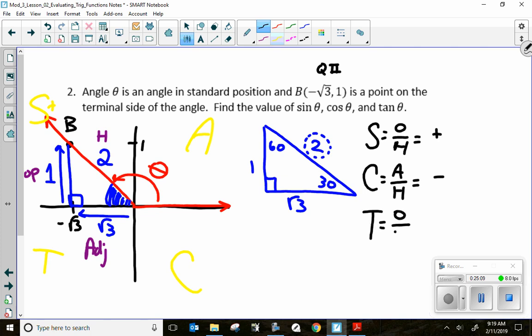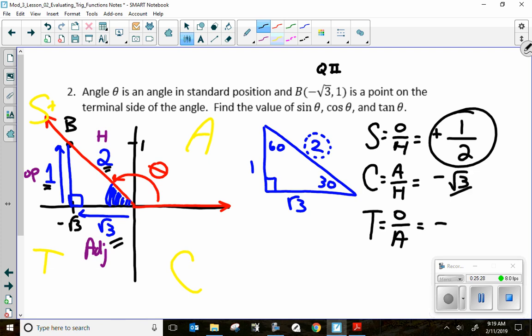Tangent, which is opposite over adjacent, that's also going to be negative. Sine is opposite over hypotenuse. It's 1 over 2. It's a positive 1/2.